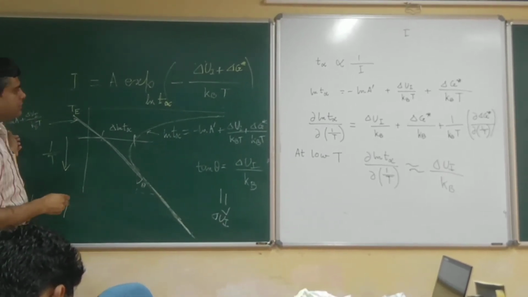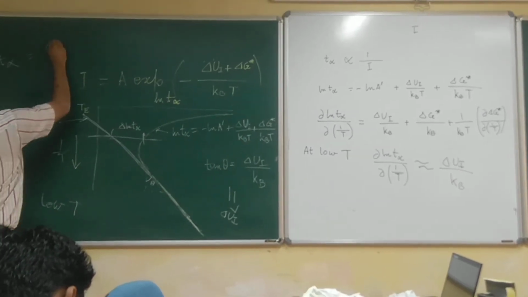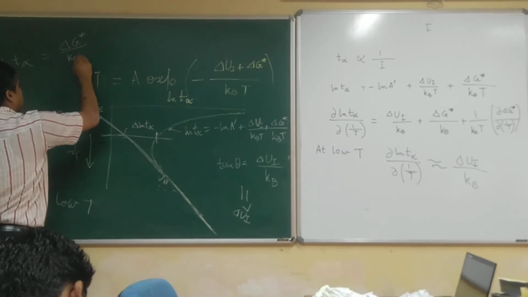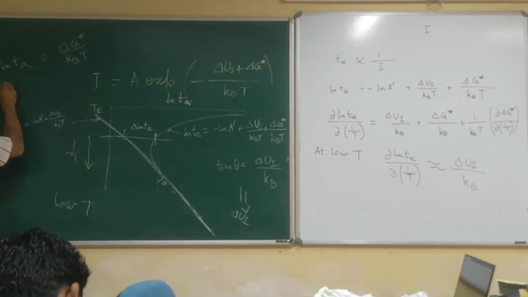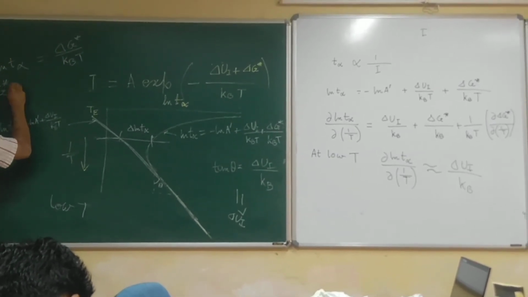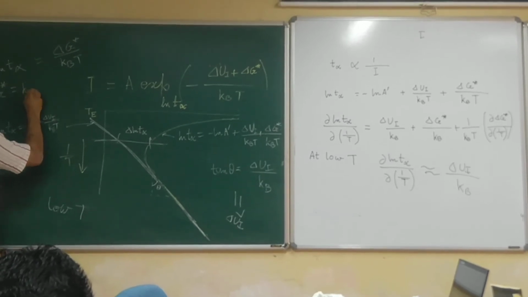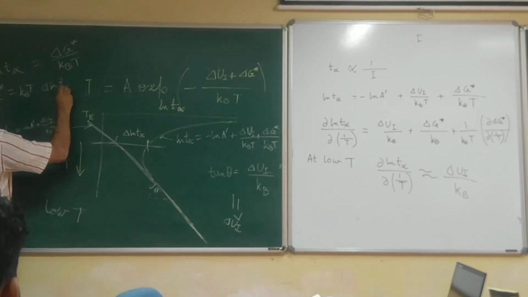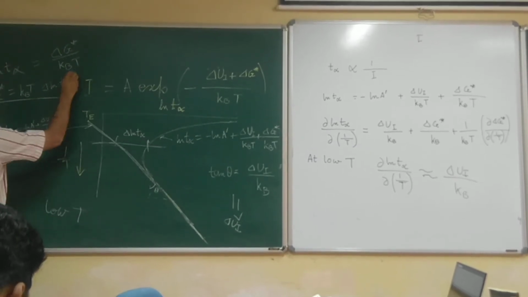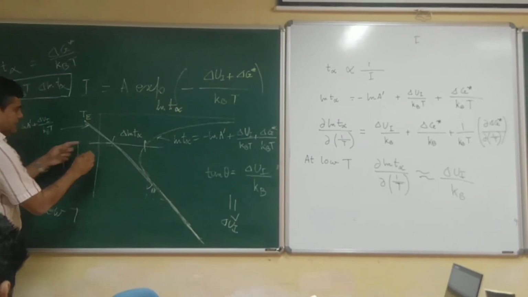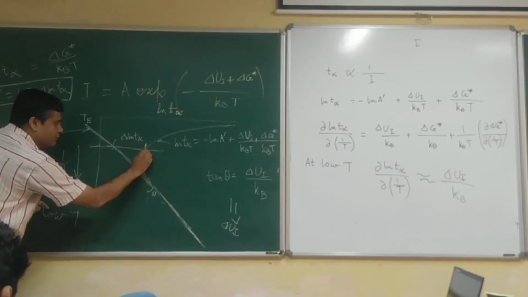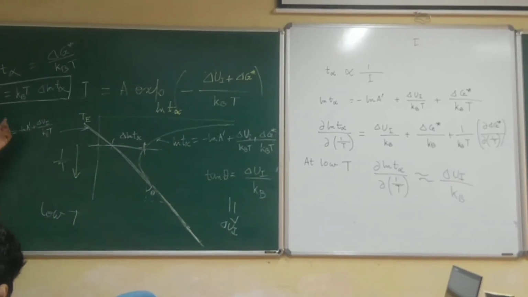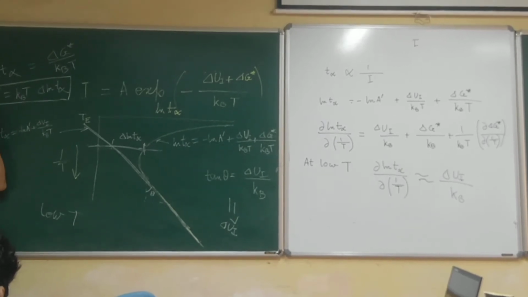That will be equal to delta G star over kbt. So delta G star equal to kb T multiplied by delta ln T alpha. At a particular temperature, you measure this distance delta ln T alpha. From that you will get delta G star.